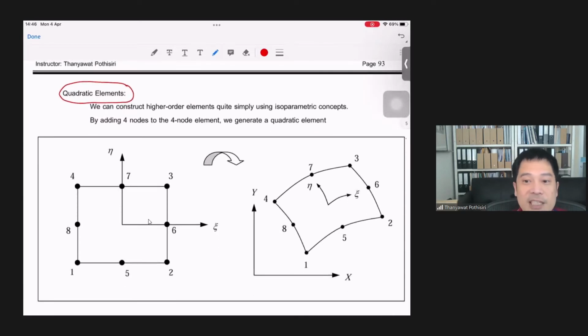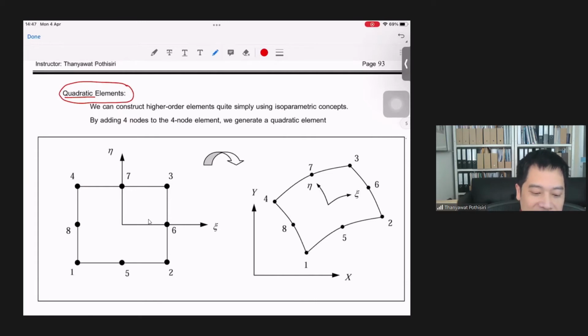Okay, all right. If you look at this type of element, for example, the second order element or quadratic element, the quadratic element would have 8 nodes like this. Okay. So you see that in the Cartesian coordinate system, the element can have a curved edge.